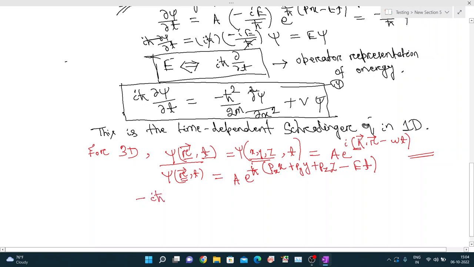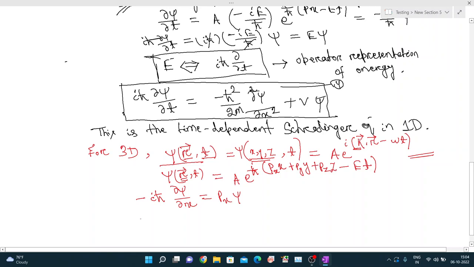First differentiate with respect to x, then with respect to y, and then with respect to z individually, multiplying with minus i h cross. With respect to x we get minus i h cross del psi over del x is equal to px psi.